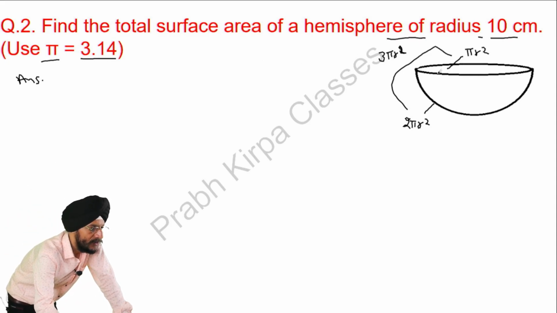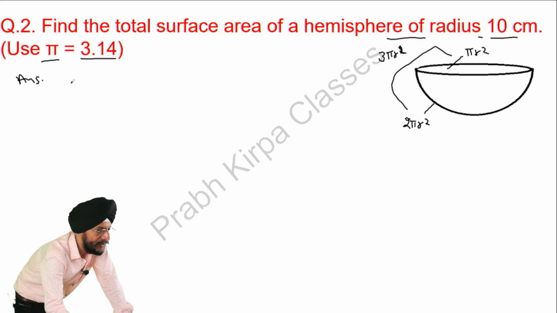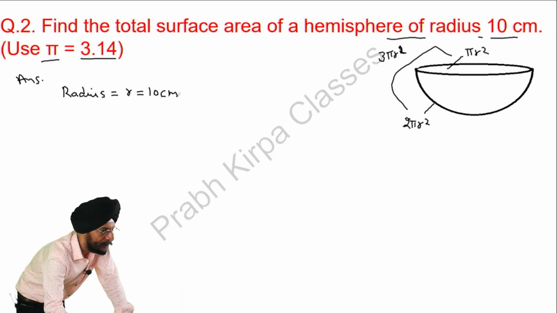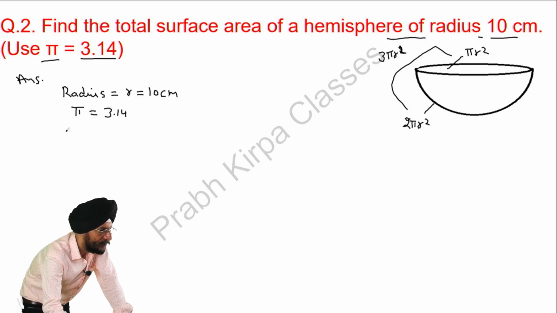So what has been given to us is radius r is equal to 10 centimeter. Now the next is value of pi. Pi is equal to 3.14.